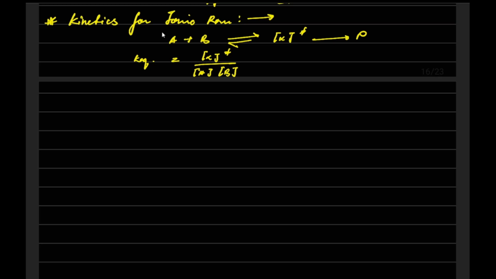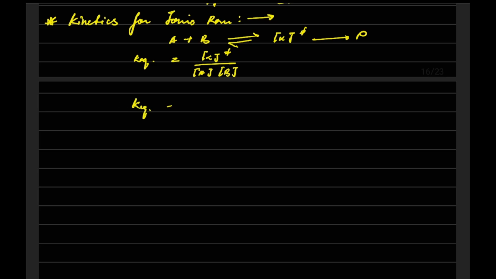But actually for ionic reaction, the concentration is written in the form of activity, where activity is equal to gamma into the concentration of the substance. So gamma is the activity coefficient.